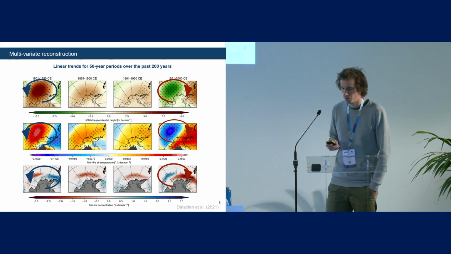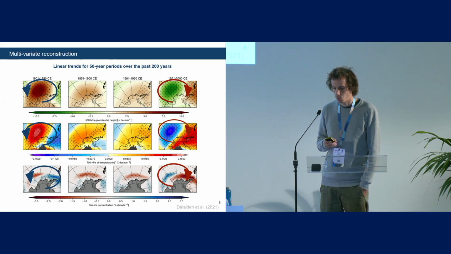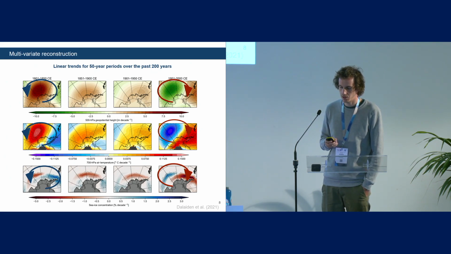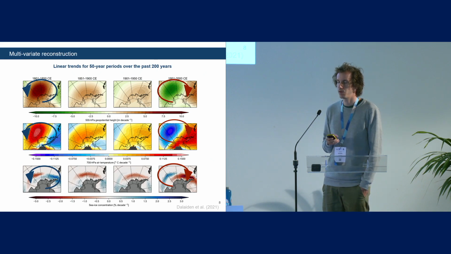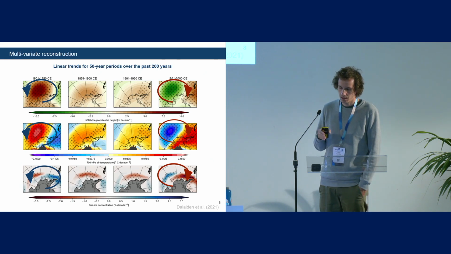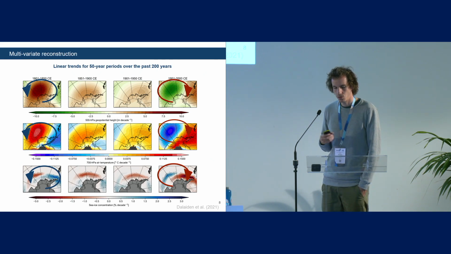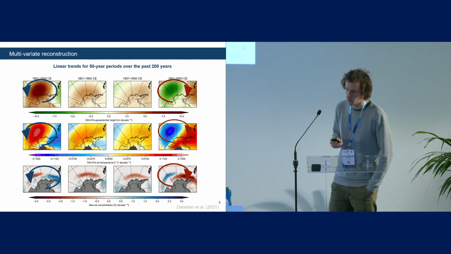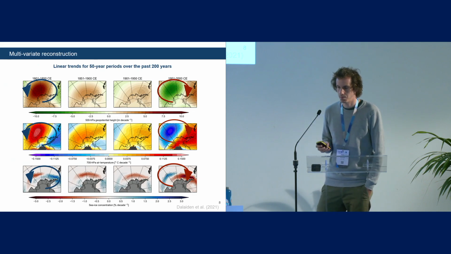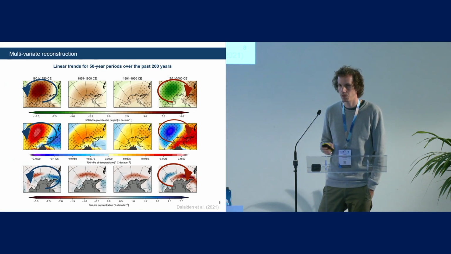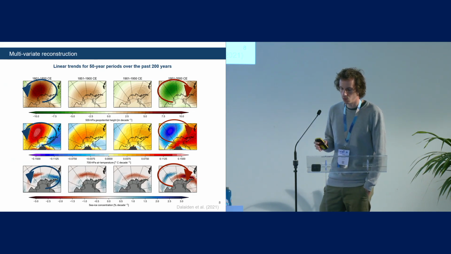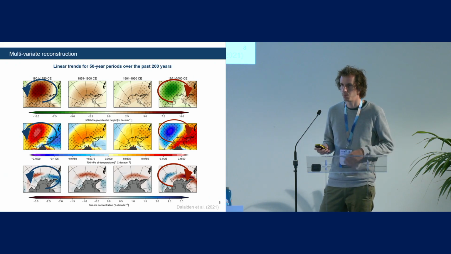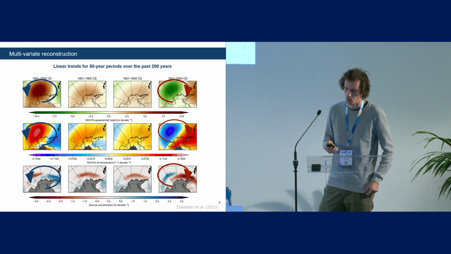And for the two other periods, we see almost no significant changes in the atmospheric circulation, but still we observe a sea ice extent decrease in the Amundsen Sea. So it could suggest that the sea ice in that sector is probably more influenced by thermodynamic processes and maybe more connected to the rest of the globe, which is less the case for the Ross Sea.